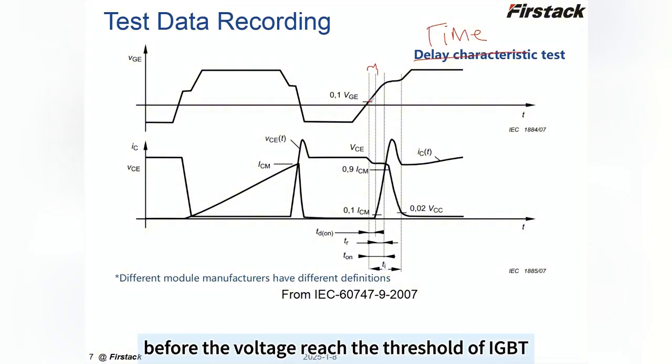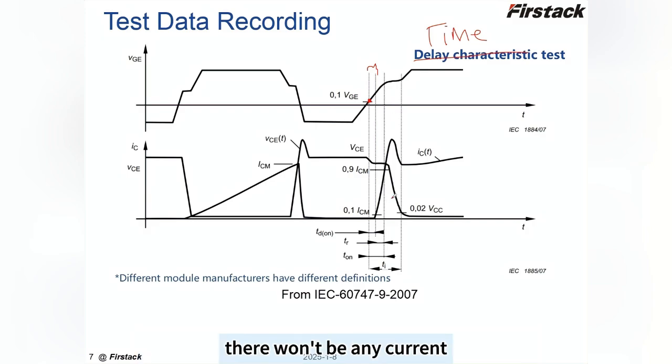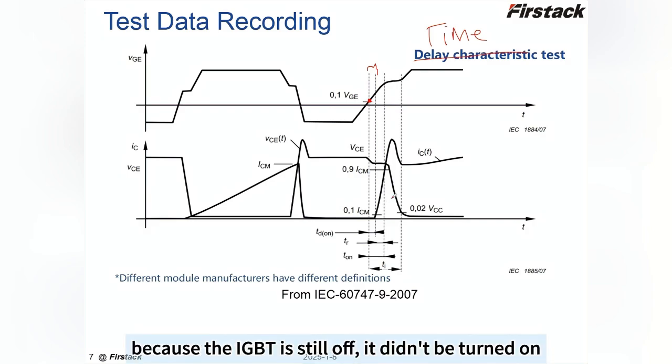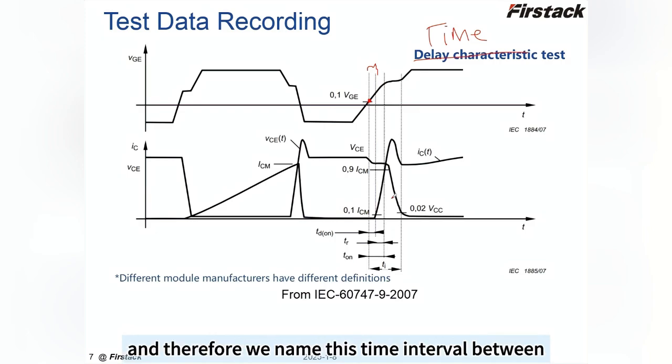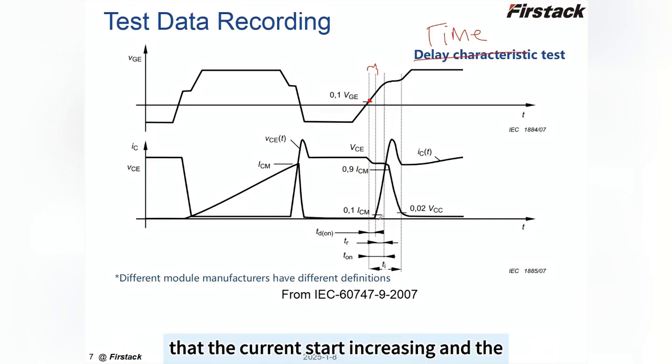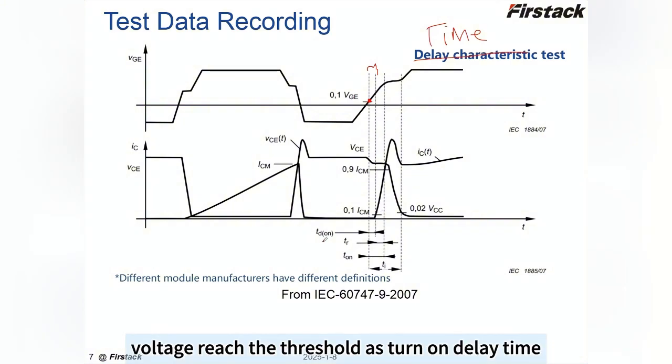But before the voltage reaches the threshold of the IGBT, there won't be any current because the IGBT is still off. Therefore we name the time interval between the gate voltage reaching the threshold and the current starting to increase the turn on delay time.